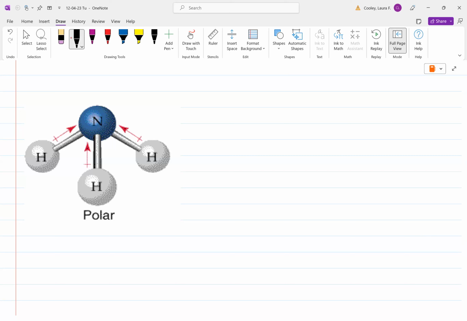All of the dipoles point up because nitrogen has an electronegativity of 3, whereas the hydrogens are 2.1. So they're all pointing from the hydrogen to the nitrogen. And here's the thing, they're all pointing towards the nitrogen, which from our view here is up. And they have different side-to-side components.